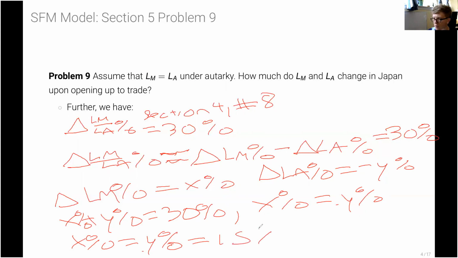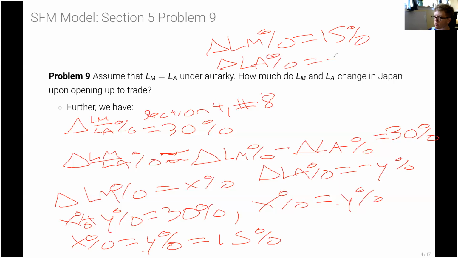And so we know here that the change in LM is going to be 15%. And then it's the same for LA, but the opposite sign, and so LA is going to decrease by 15%. So notice that if LA is in the denominator and it's decreasing, then it increases LM over LA.